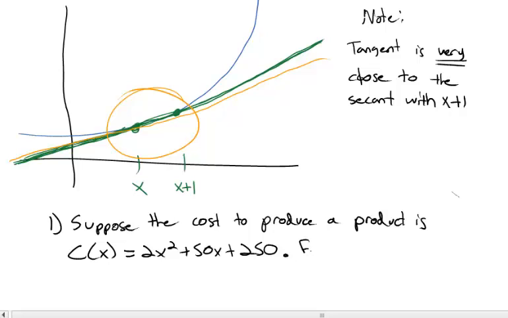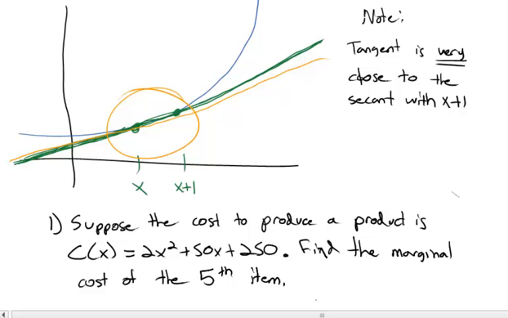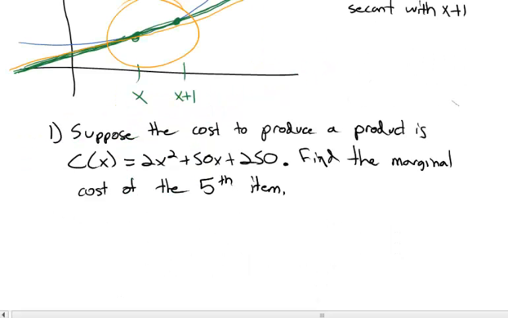We're going to find the marginal cost of the 5th item. In other words, if we have 5 items, what is it going to cost us to produce another item, to produce a 6th item? How much more is that going to be?